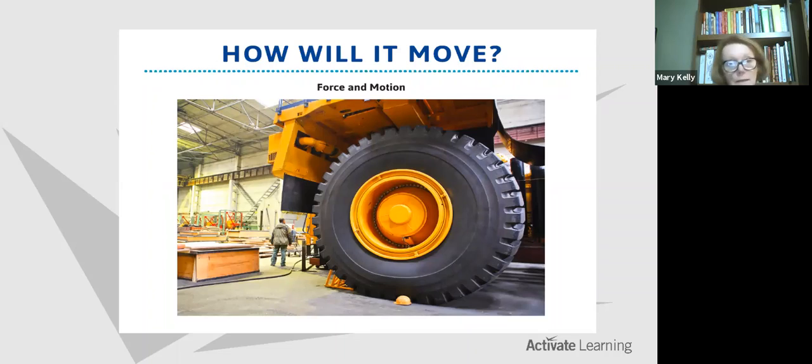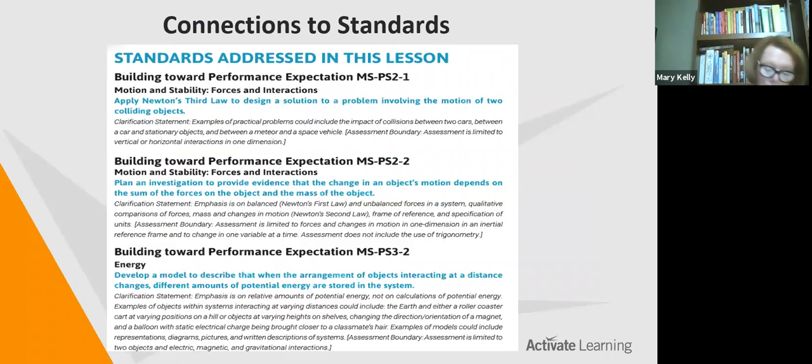As I said, the ultimate goal will be to answer the driving question: how will it move? Since an object's motion can be very simple or very complex, students should not expect there to be a simple answer to the driving question. The driving question board helps students build toward the performance expectations aligned with this unit.